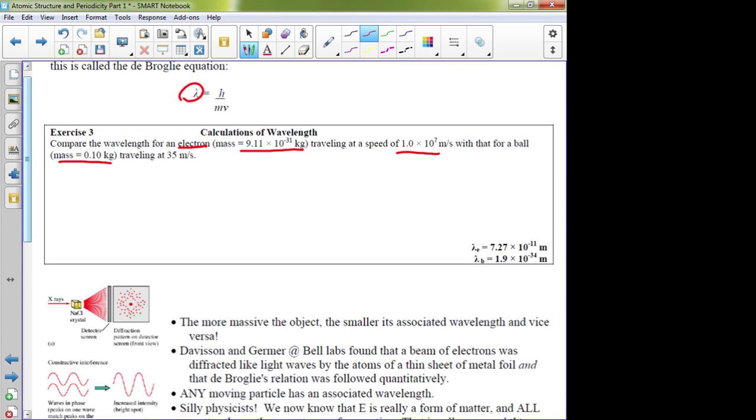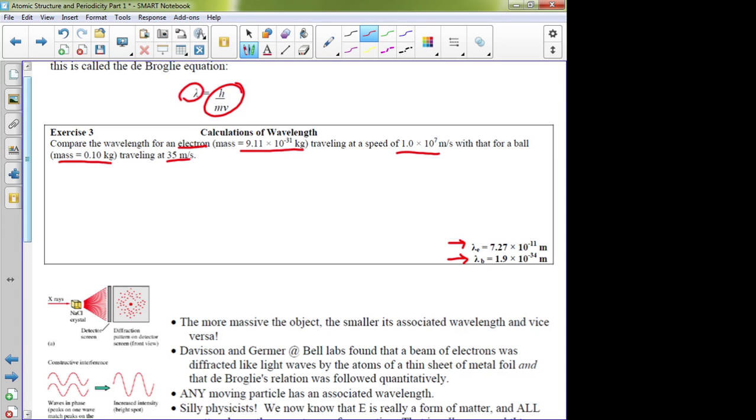Heavy. And the ball's traveling at 35 meters per second. And so he just plugged everything into this equation, right? Okay. And he got the wavelength of an electron is 7.27 times 10 to the negative 11 meters, whereas the wavelength of a ball is 1.9 times 10 to the negative 34th meters.